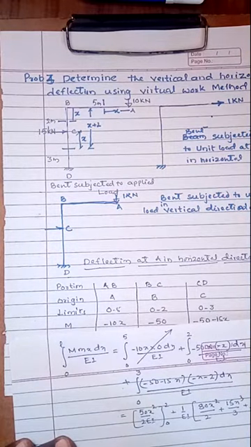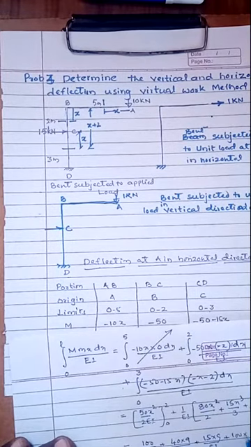Then if you simplify this, this one is 100 by EI, plus 40 into 9 by EI, plus 15 into 9 by EI, plus 100 into 3 by EI.